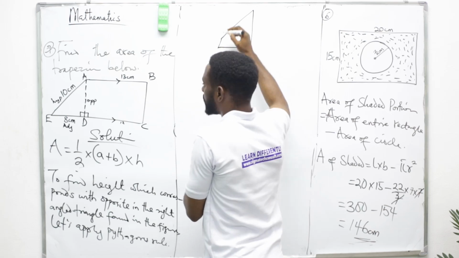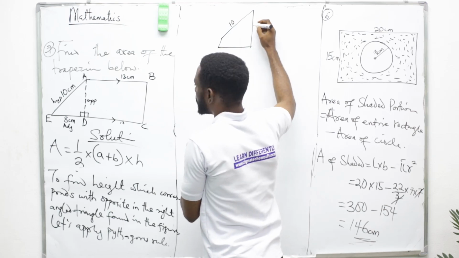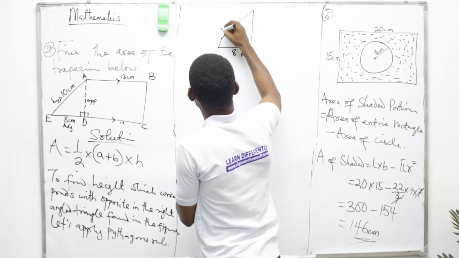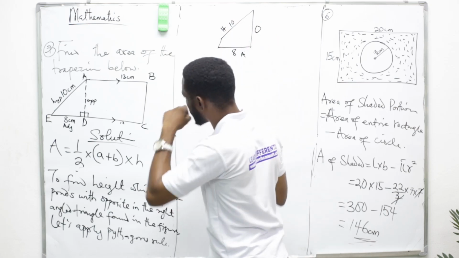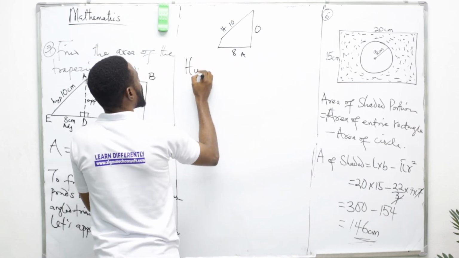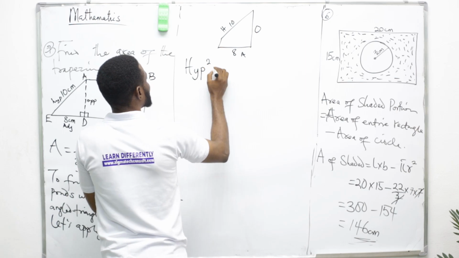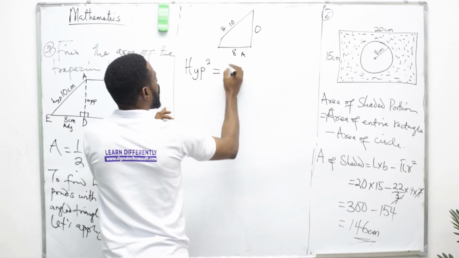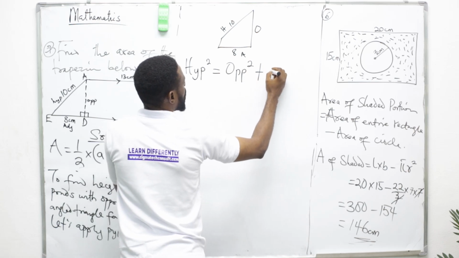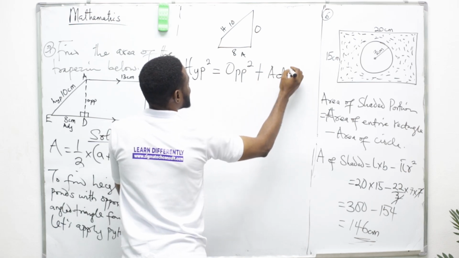If I can bring this out, I think what we have there is something like this. Here is 10, here is 8. These are adjacent, these are hypotenuse, these are opposite. So Pythagoras theorem says that the square of the hypotenuse is equal to the square of the opposite plus the square of the adjacent.